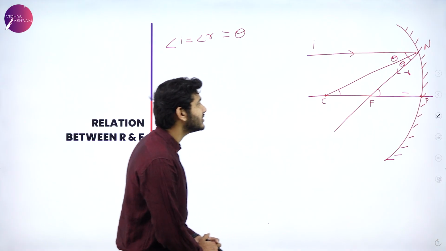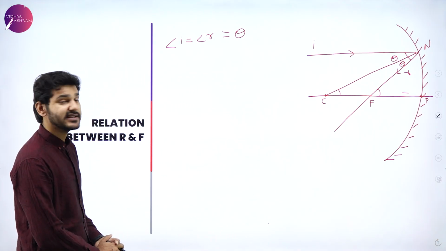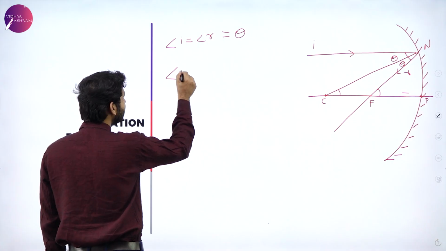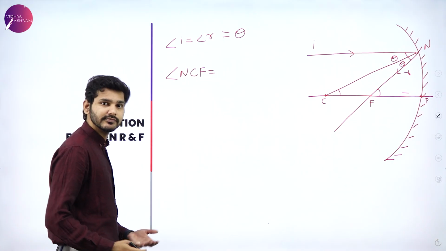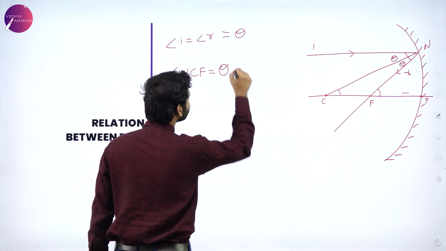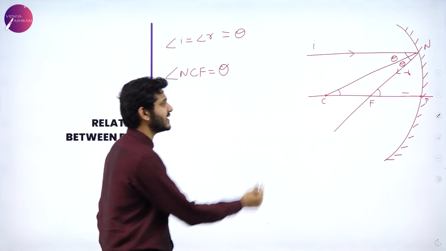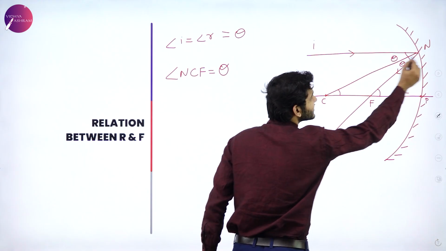So first, I'm going to find out what is the angle NCF. Angle NCF will actually be equal to theta. Again, see, this is a straight line. This is a straight line.